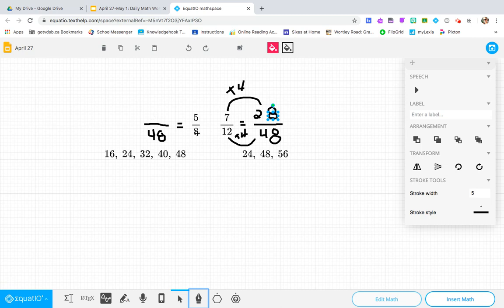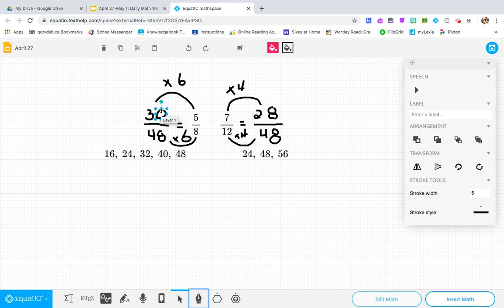Now on the other side, 8 times what equals 48? So we had to do 8 times 6 to get 48. We're going to do the same thing to the top. 5 also times 6. And 5 times 6 equals 30.